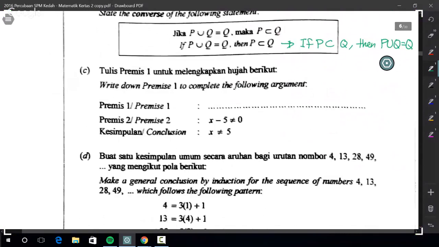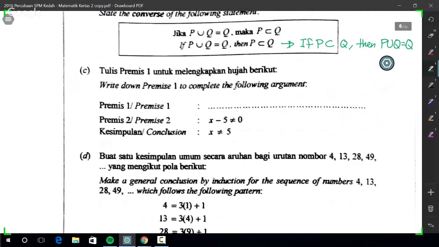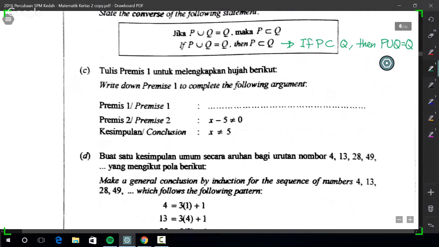All right, then the next one, write down the previous one to complete the following argument. So yeah, this is very easy also. I will say if x minus 5 is not equal to 0, then x is not equal to 5. Or I want to change a bit, because I guess this is the not statement.